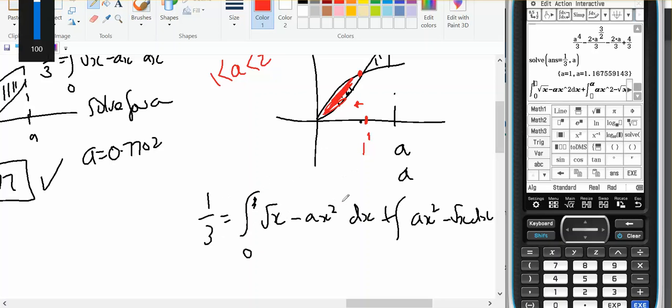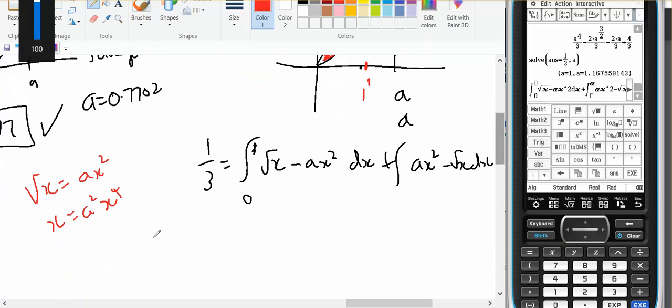Root x is on top. Then plus from the intersection point to a of this. So I need to find that intersection point. So I would like to find where root x equals ax squared, which means x equals a squared x to the 4, which means that x to the 3 equals 1 on a squared, x equals a to the minus 2/3.